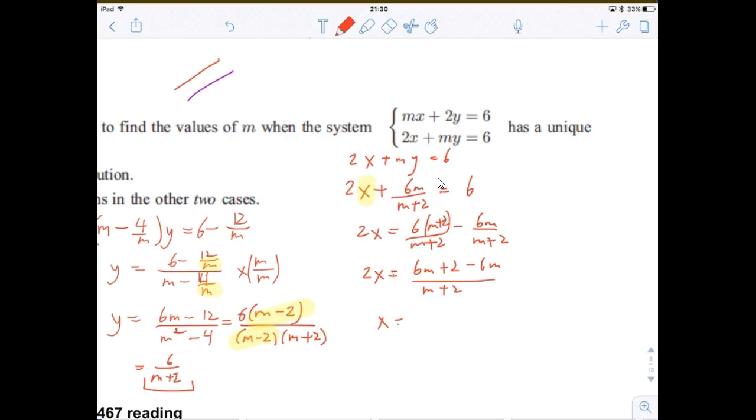So then I end up with, and I can cancel these, right? I divide both sides by 2, so I'm going to end up with 1 over, oh, I'm sorry, this is 12, right? So this becomes 6 over m plus 2. Hey, what do you know? It's the exact same expression as the y. Okay. So now we have a solution for x, and we have a solution for y.